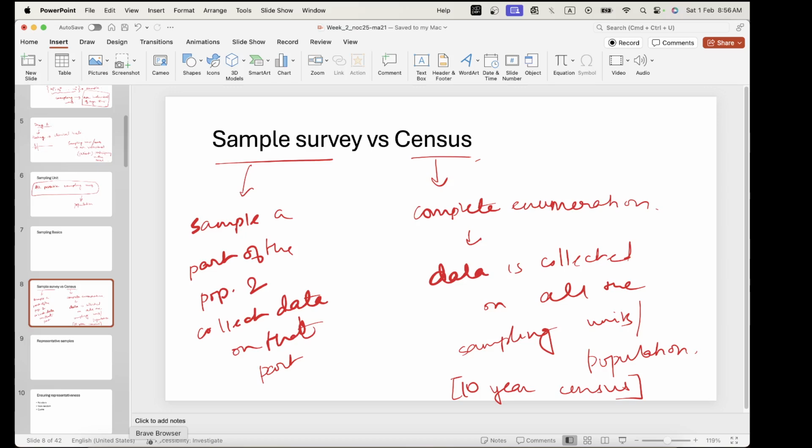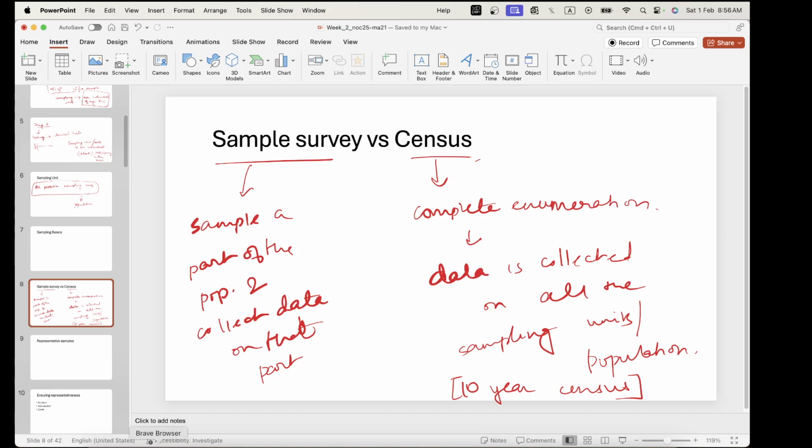Okay, so this is way more cost friendly, and it can give us accurate results without having to go through the hassle of carrying out a census.